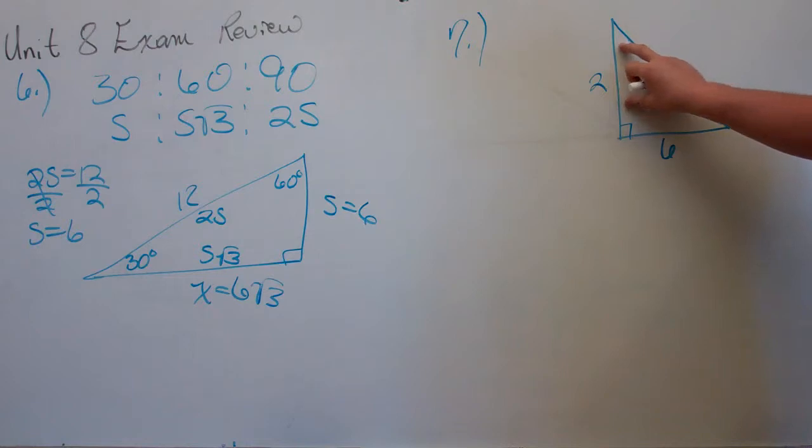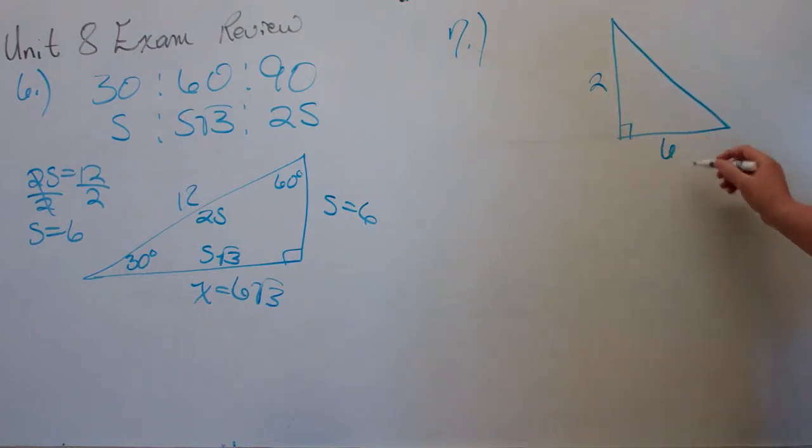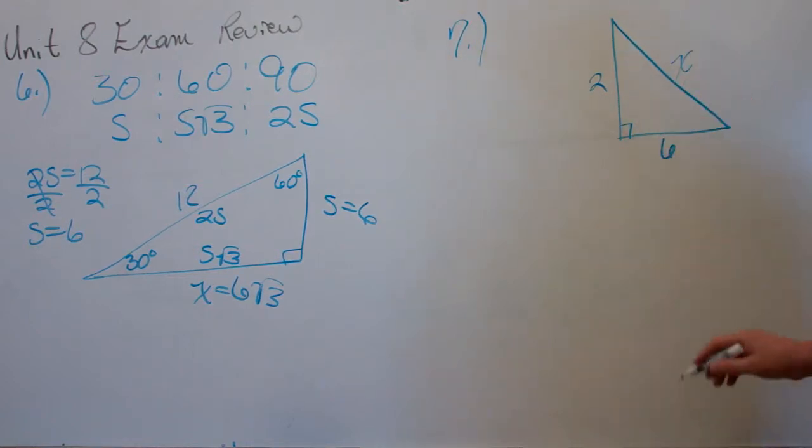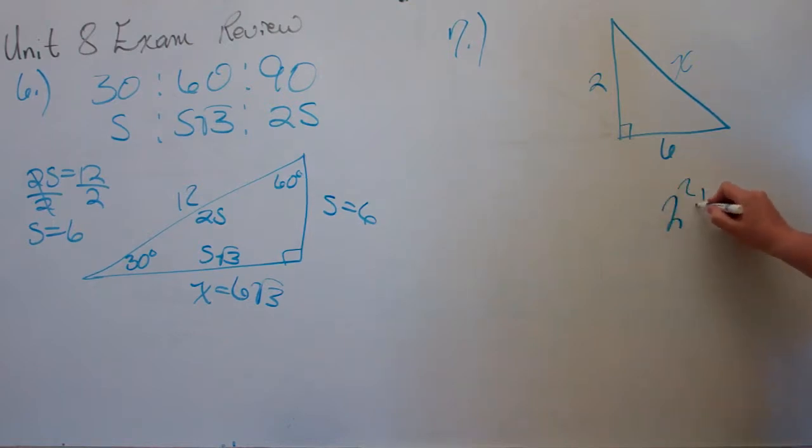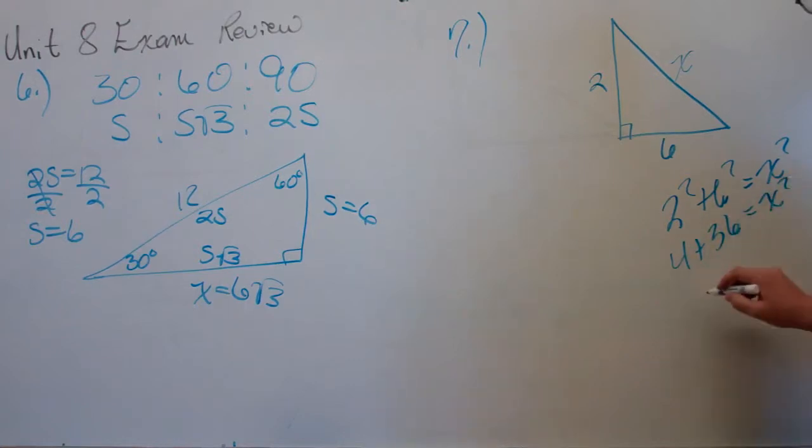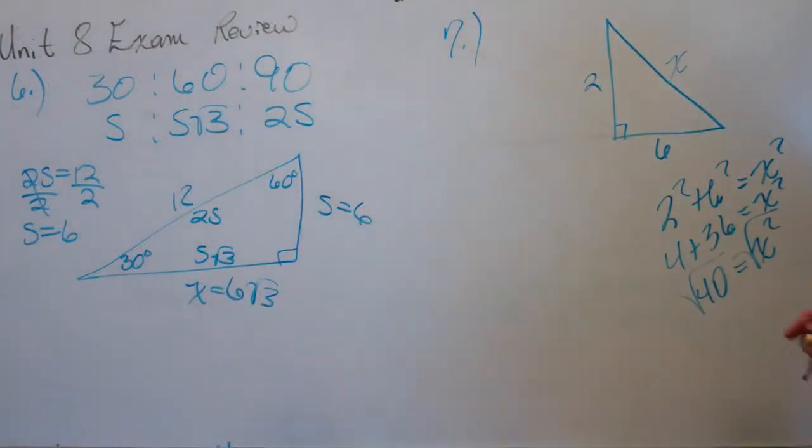So we know it's 2 feet high, 6 feet from the door, so we're going to use the Pythagorean Theorem to solve for x. 2 squared plus 6 squared equals x squared. So 4 plus 36 equals x squared. So that means 40 equals x squared. Alright, so x equals the square root of 40.